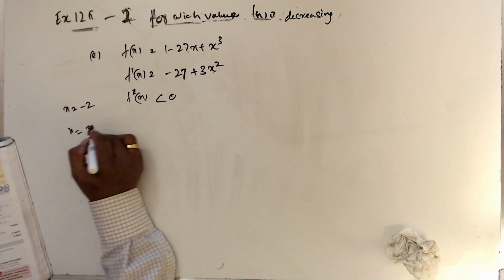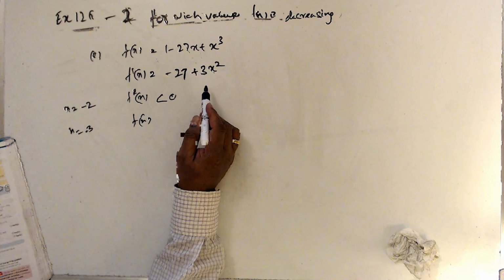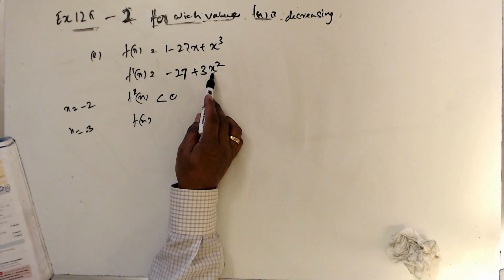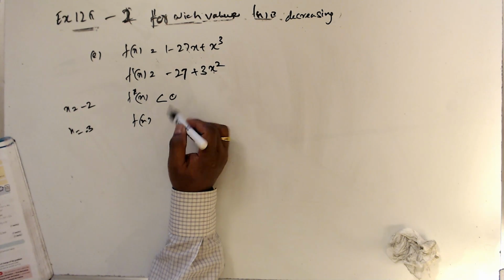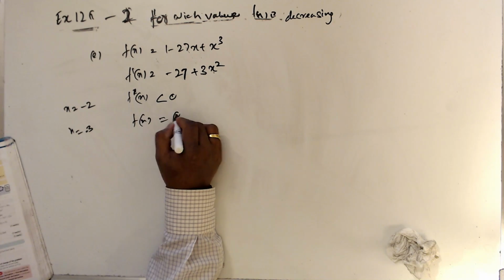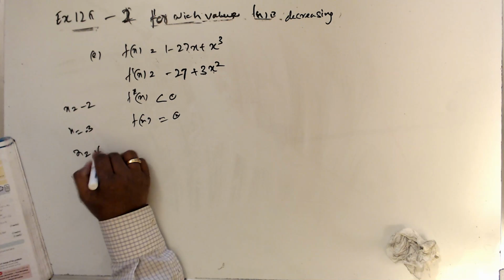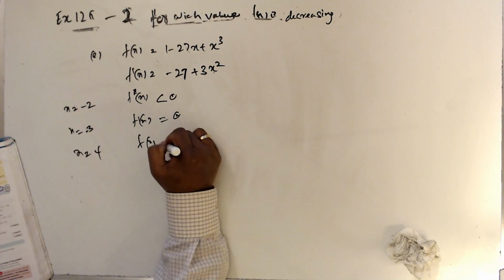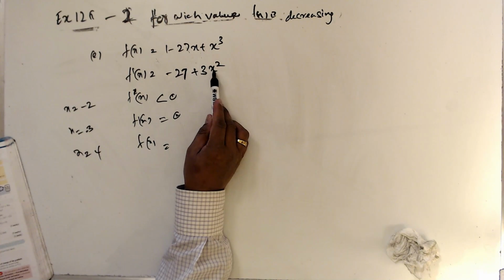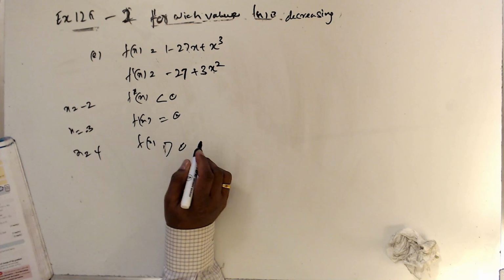X equals minus 3. So f dash x: minus 3 squared is 9. 9 times 3, 27. Okay, it is equal to 0. X equals 4. F dash x: 4 squared is 16, times 3 is 48, minus 27. So this is greater than 0.